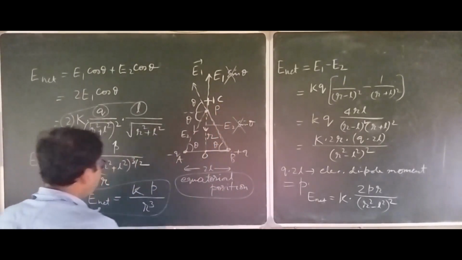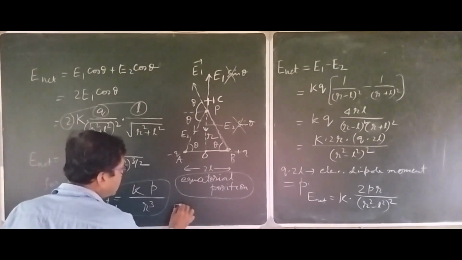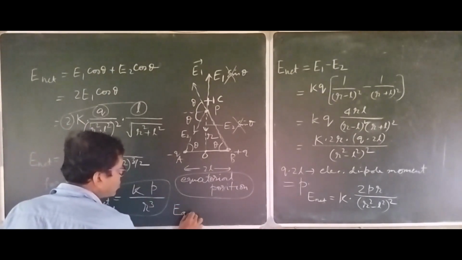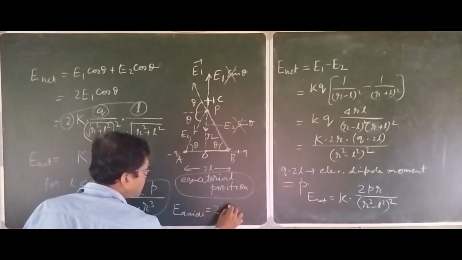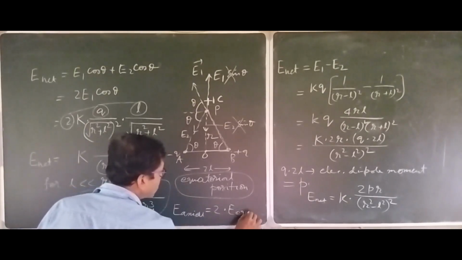So we can easily understand that intensity at axial position is twice the intensity at equatorial position.